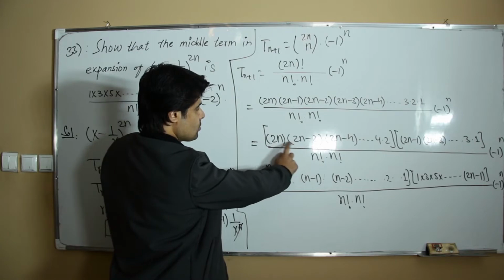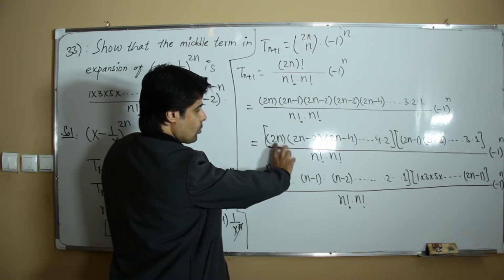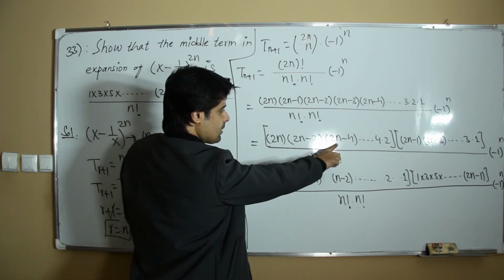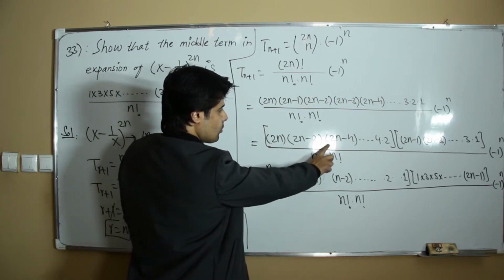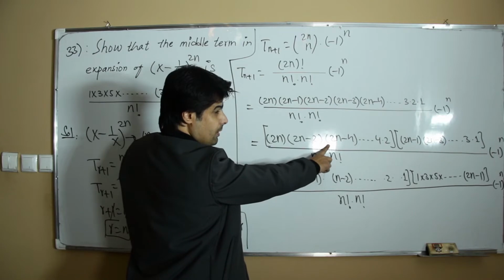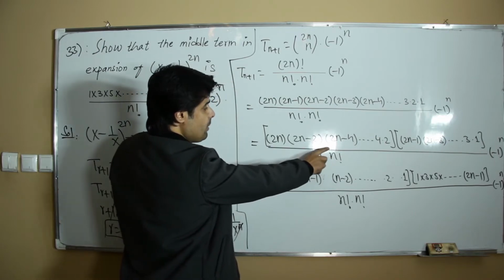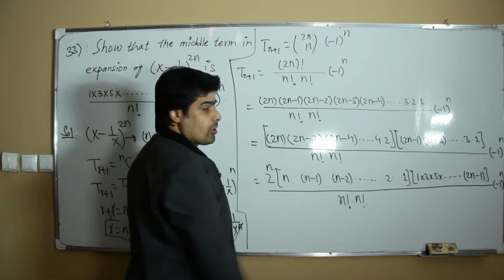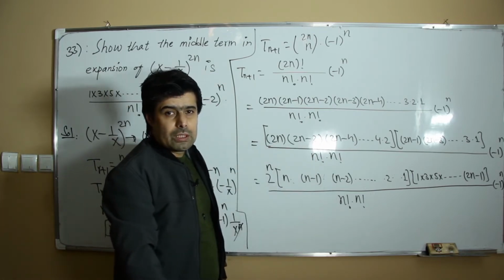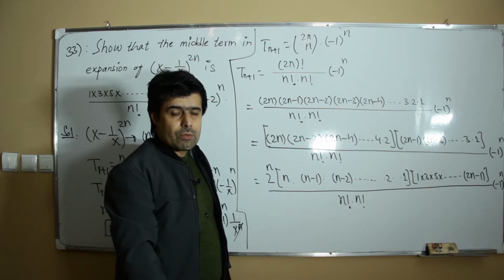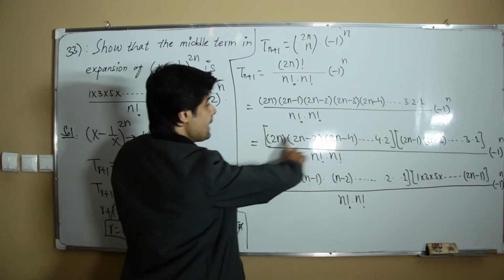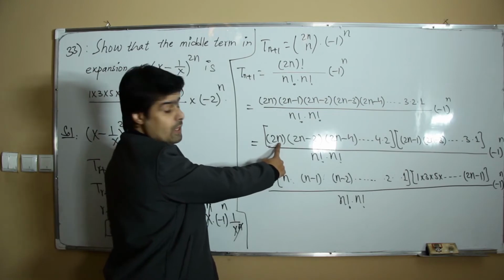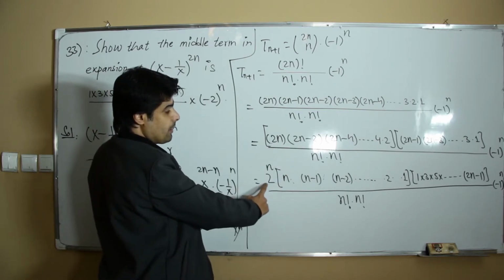Now 2 times 2 is 4, or 2 to the power 2. In multiplication we have another 2: 4 times 2 is 8, 2 to the power 3. In these 3 terms we have 2 to the power 3, in 4 terms 2 to the power 4. In n terms, we have n terms, so it is 2 to the power n.